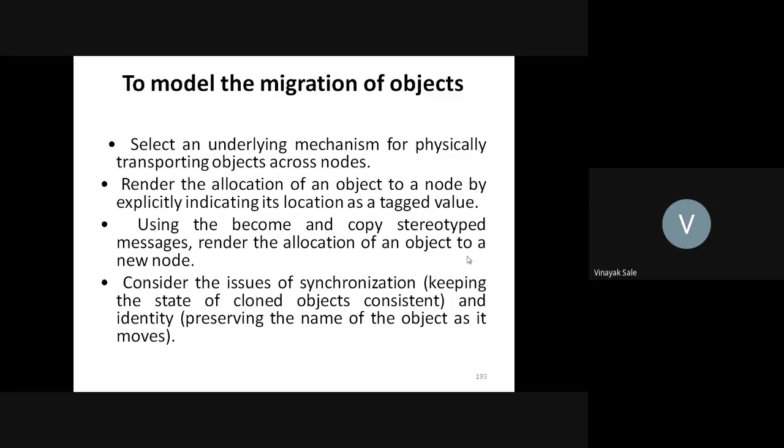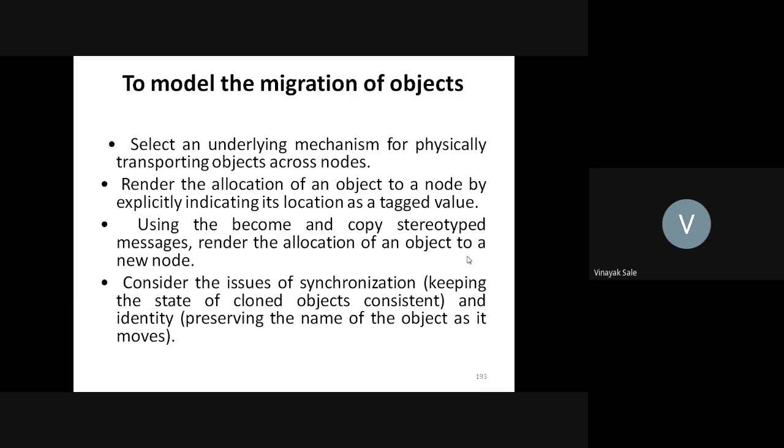So to model the migration of objects, select an underlying mechanism for physically transporting objects across nodes. Render the allocation of an object to a node by explicitly indicating its location as a tagged value.